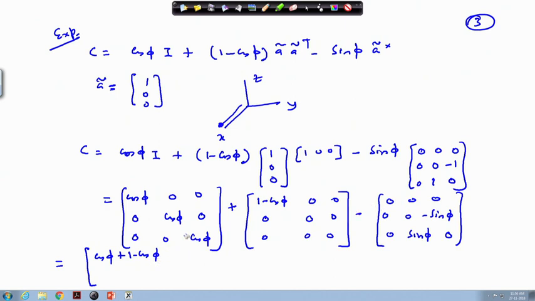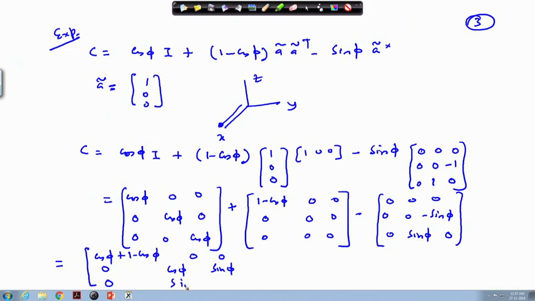So, that term is removed, the rest are 0 0. Similarly, here 0 0 0. So, this term remains 0. The second term is cos phi, here it is 0. So, the second term is cos phi, and the third term here is 0 0 and this is minus sin phi, and minus minus gets plus. So, this is sin phi, and again this term will be 0 0, this is 0 0 and this is sin phi.